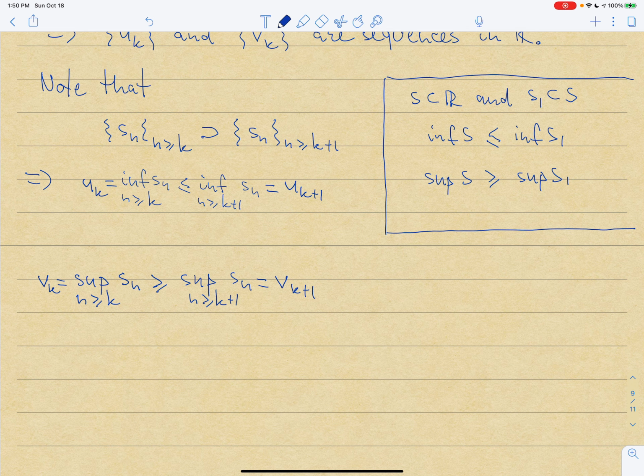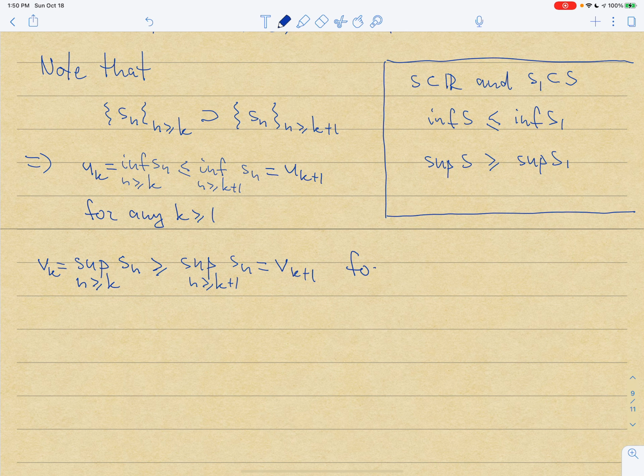So what are we concluding from this? And this should be true for any k, right? So for any k greater or equal than 1, uk is less or equal than uk plus 1, vk is greater or equal than vk plus 1.